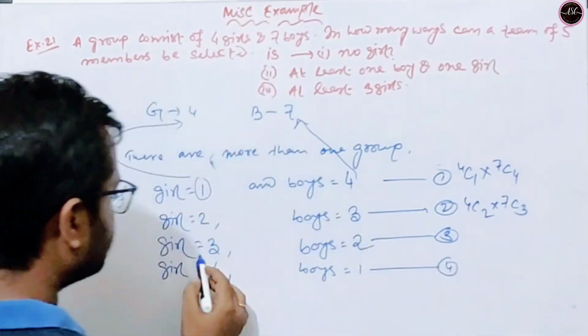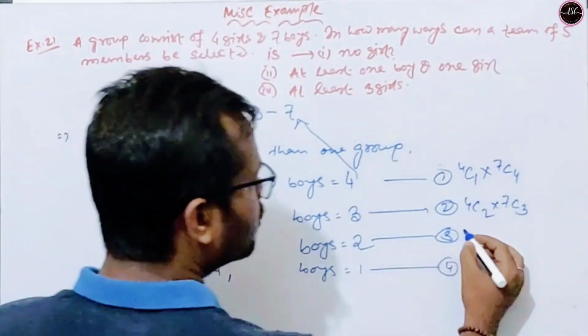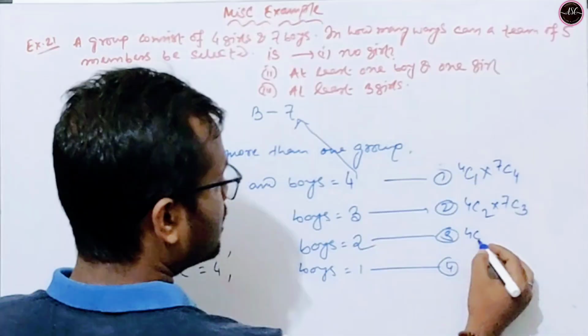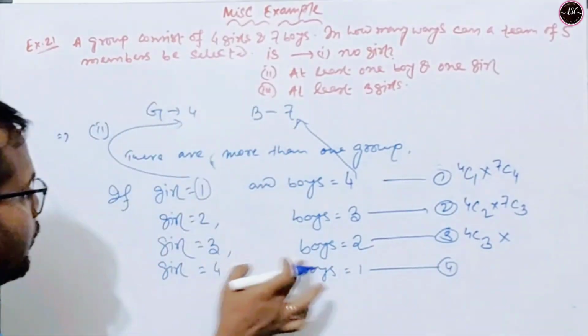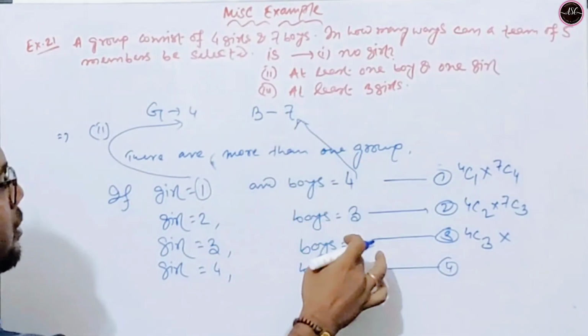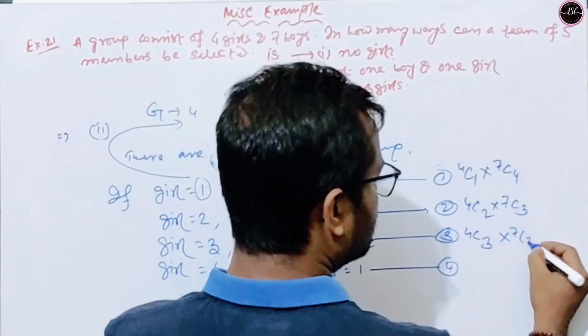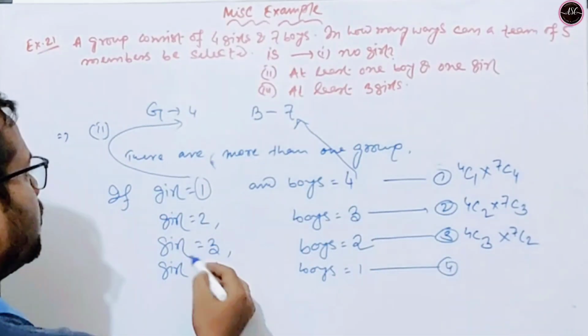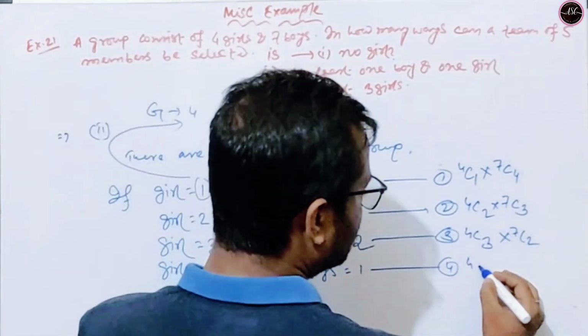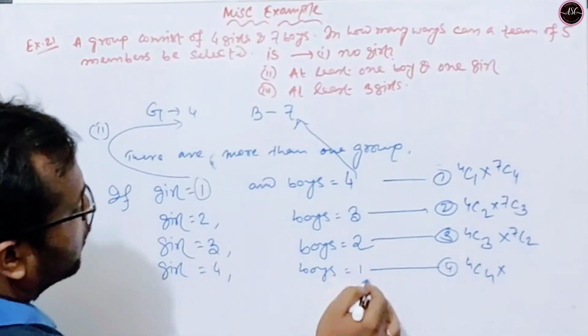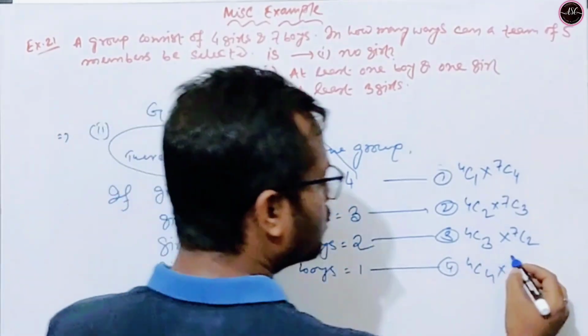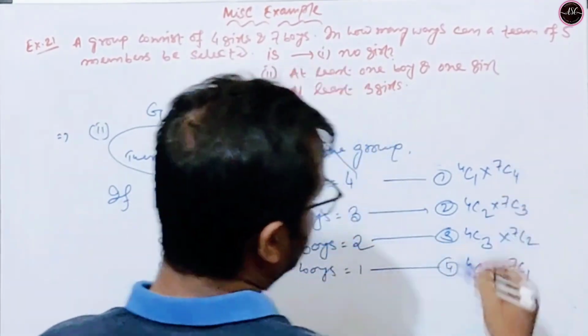And 3 girls from 4, so 4C3, into boys from 7 we have to select 2, so 7C2. And 4 girls can be chosen out of 4, that means 4C4, into 1 boy selected from 7, so 7C1.